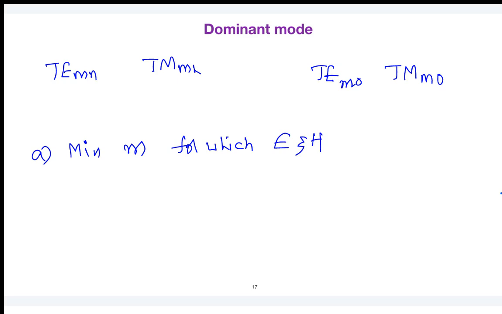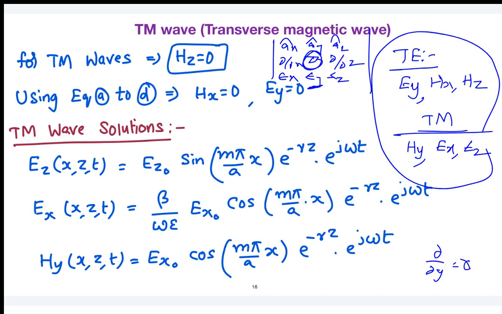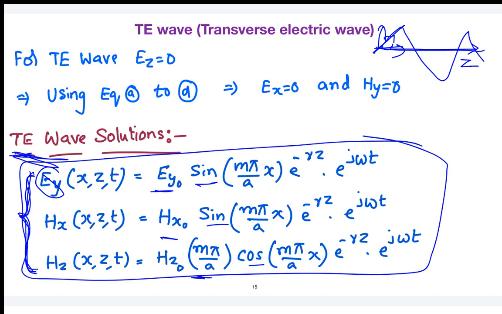Now have a look at these equations. Tell me what is the minimum value of M here in TE. Anyhow, the second subscript N is 0. When you put M equal to 0, does it have any meaning?